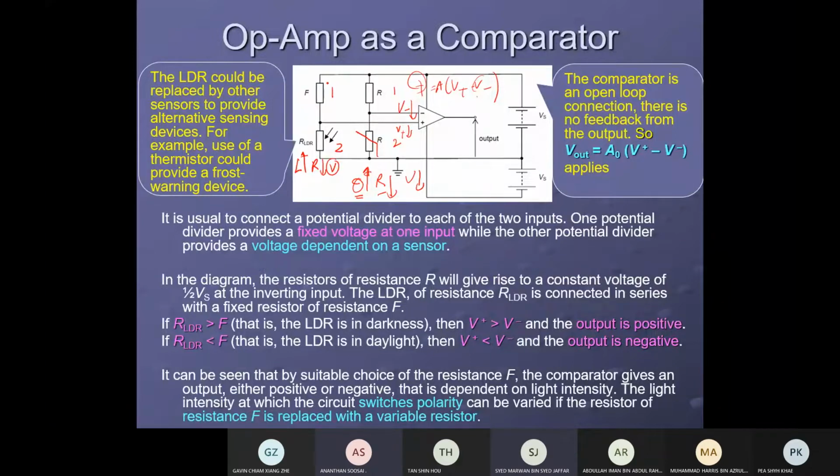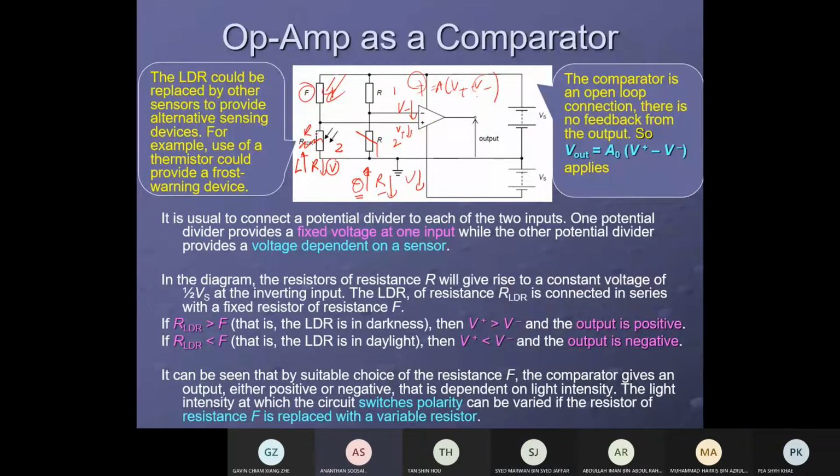Should be here, right? Replacing the fixed resistor, so the LDR must be on top, right? Yes, the other should be a fixed resistor. Agree? Okay, so this is how you manipulate the sensors, depending on why you fix this resistor and what type of outcome you want.